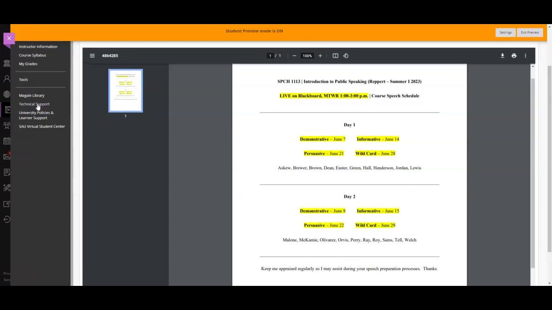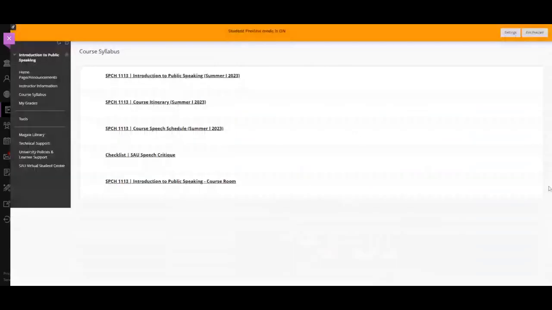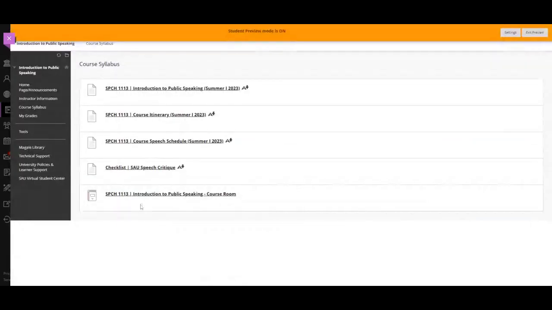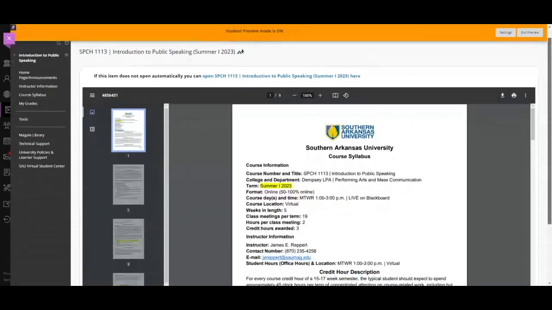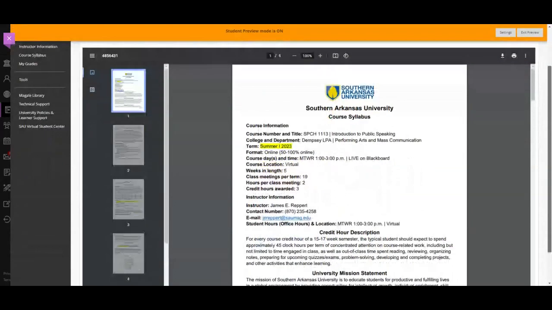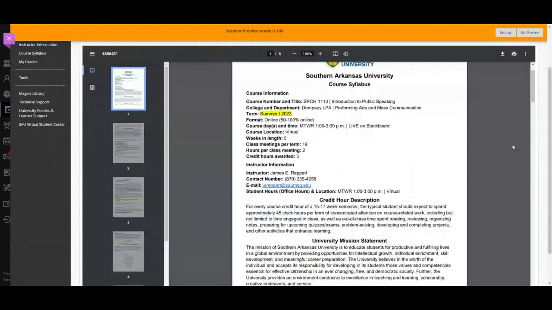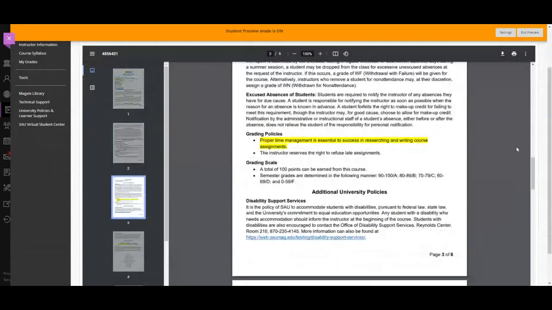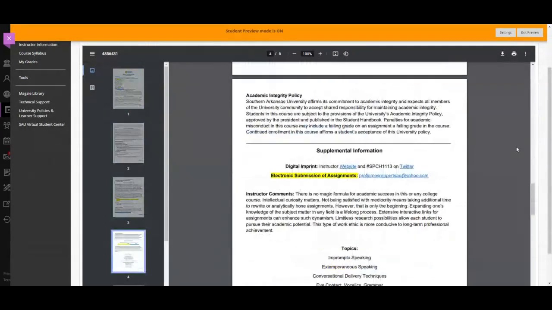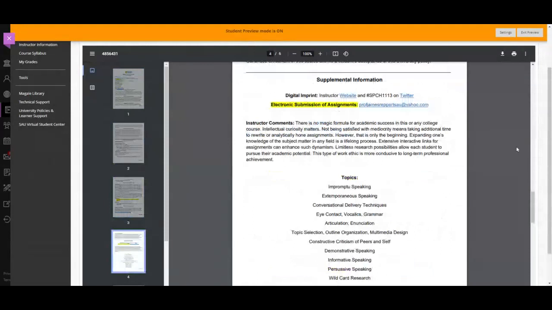So now let's return to the course syllabus area and remind all of you in the syllabus itself about how this is going to be set up in terms of point allocation. For those of you who were remaining at Southern Arkansas University during the fall, there is a set template for all of the syllabi.